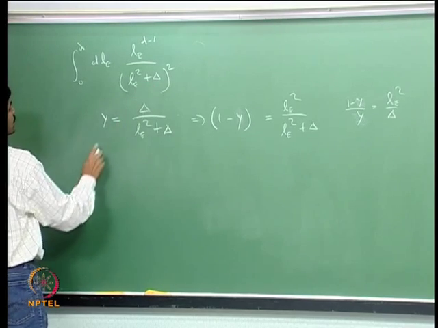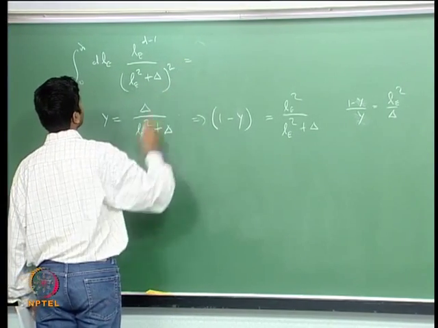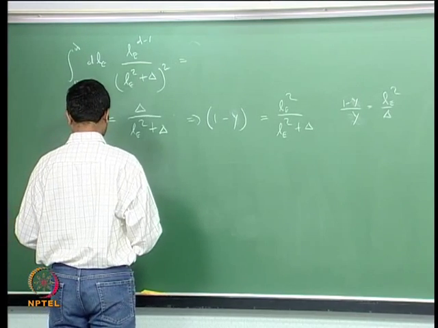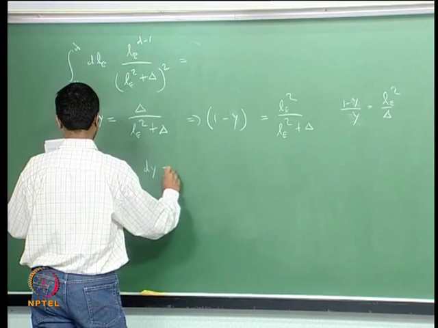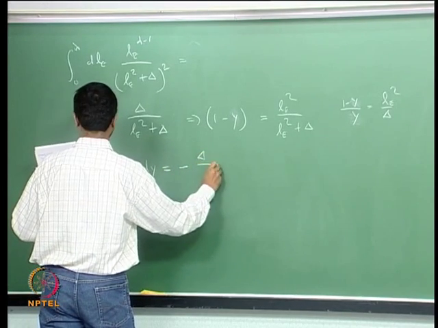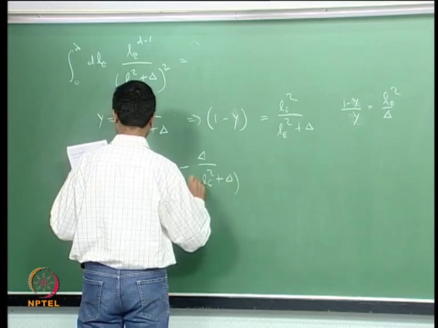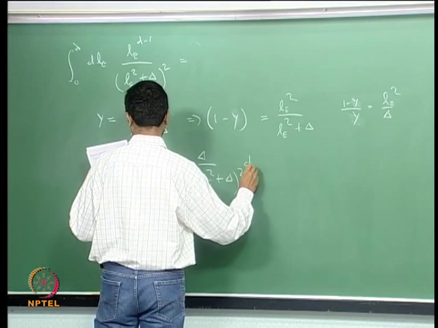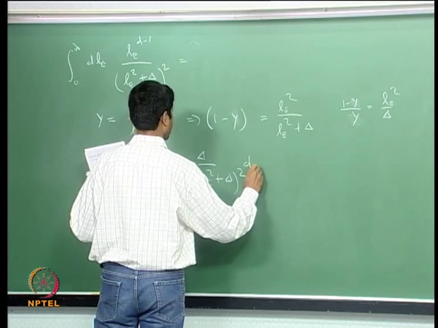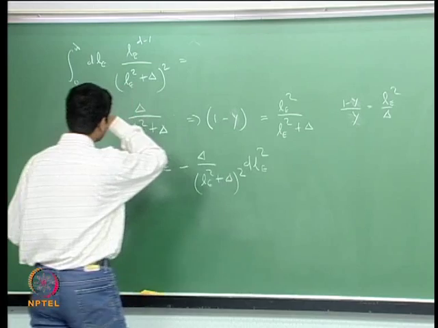So, I know what this quantity here is. And finally, dy is minus delta divided by (l_E square plus delta) whole square times d l_E square.